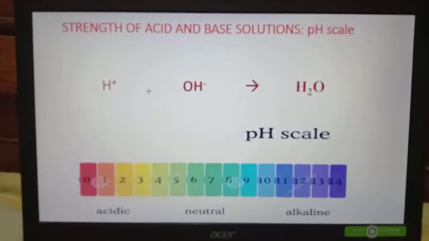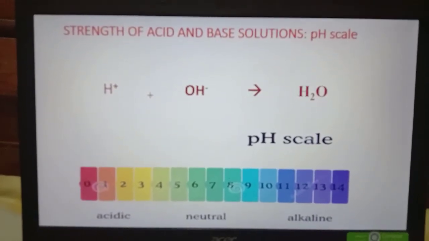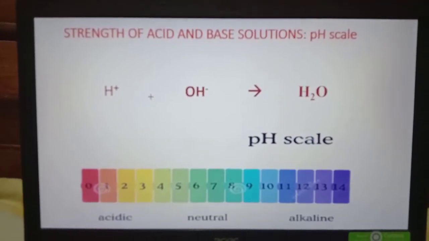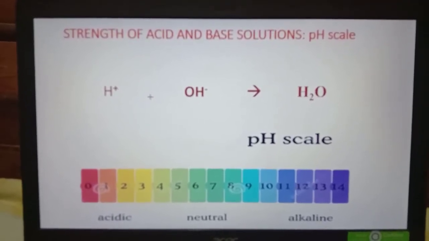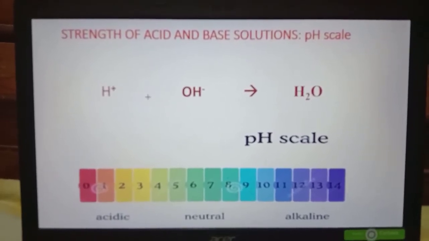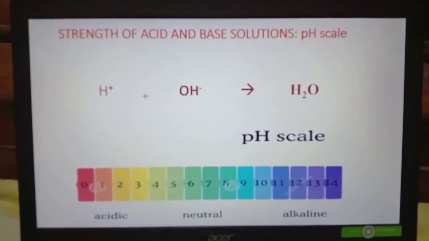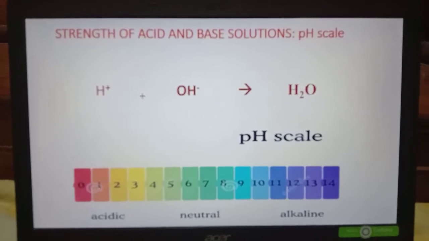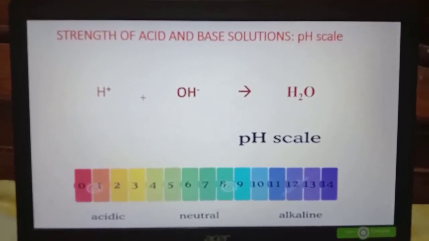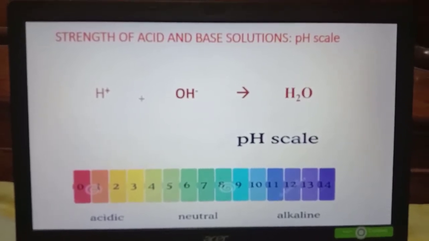Now children, please hear it carefully. You already know that water is made up of hydrogen ions and hydroxyl ions. When I add some acid into it, for example hydrochloric acid, hydrogen ions also come from the acid.